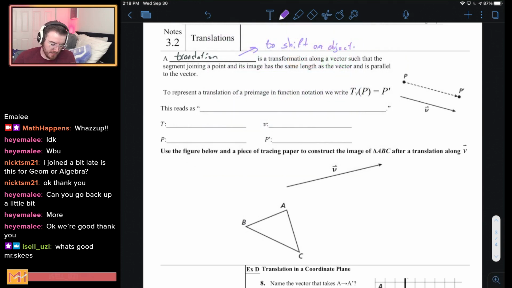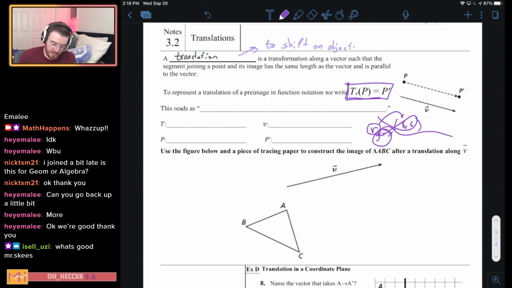To represent a translation of a preimage in function notation, we write, so there's this function notation again. What did we see before? We saw reflect, we saw stuff like this. And what does that say? Reflect this point across this line. Well, ignore that because we're not looking at reflection.